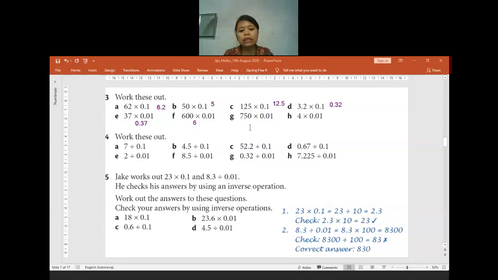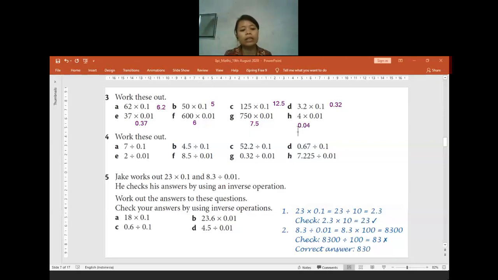For question G, okay, 7.5. Thank you. For question H, 0.04. Is there anyone who is confused so far or maybe needs more explanation for question 3? No? Okay. If you have no question, I will move to question 4.